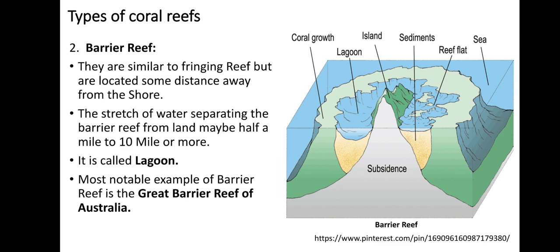In this case, this is also a reef, also a mound of limestone, but the distance between the land and the reef is more. It will be from half a mile to around 10 miles or even more than that. If there is such a big distance, then that reef will be called a barrier reef. That means it is not very close to the island, it is away from the island.